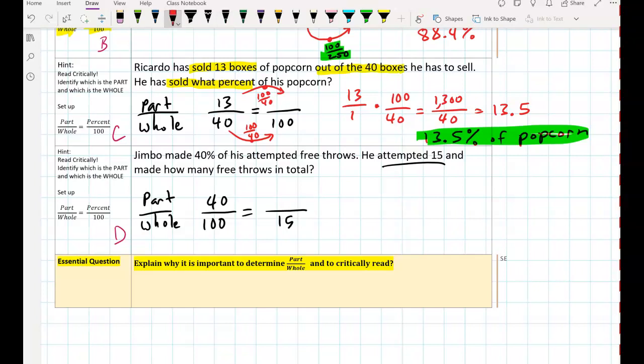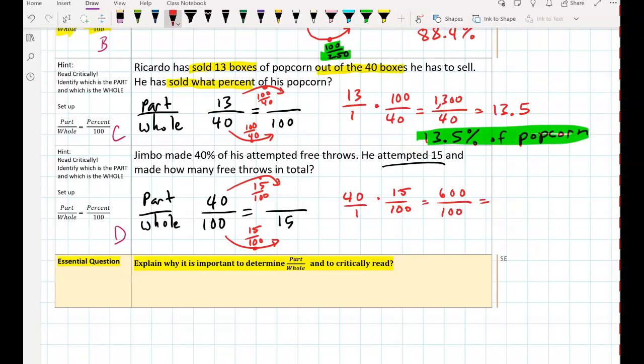So here goes. How do I get from 100 to 15? Well, 15 over 100 is what I multiply by. Now I do the same thing up top here. Multiply 40 times 15 over 100. So I go over here and I say, all right, 40 times 15 over 100. 1 there. 40 times 15 is 600. 1 times 100 is 100.